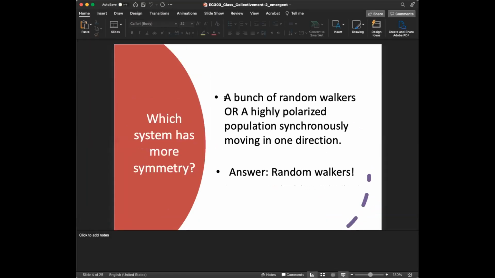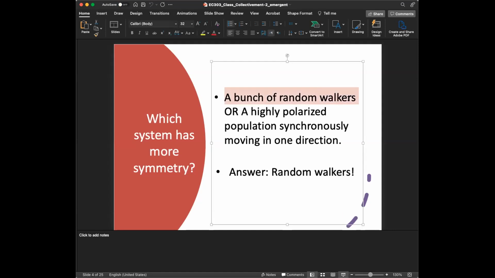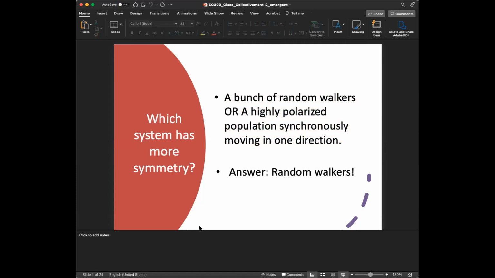Now consider this: a bunch of random walkers moving randomly in space, or a highly polarized population synchronously moving in one direction. If you think of the panel of collective movement I showed, one part of the panel had everybody moving in the same direction, and the other part had things moving randomly, right? There was no animation there, but it appeared like they were oriented randomly.